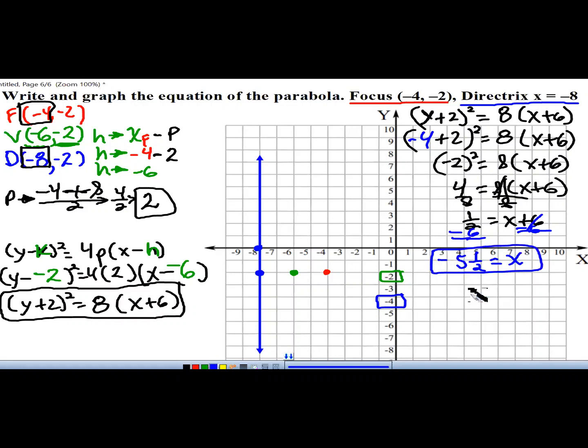So my coordinate that I need is -5 and 1/2, comma. And what number did we substitute for y? -4. So let me plot that point. -5 and 1/2, which is right there. -4, which is down here. There it is.